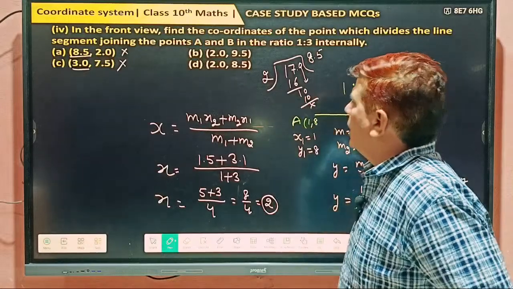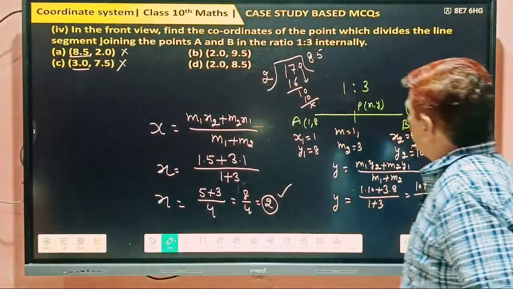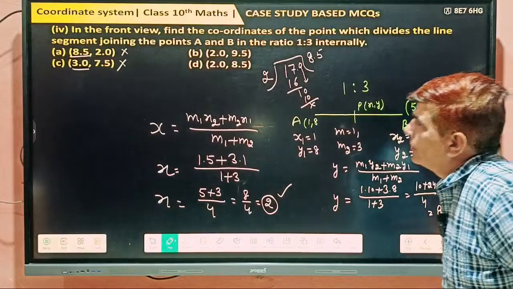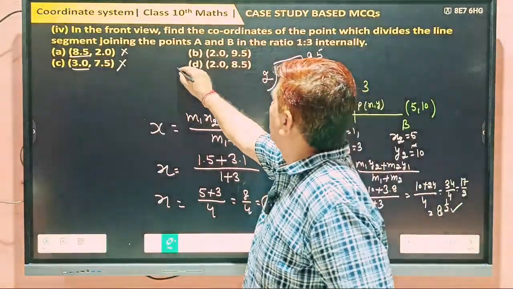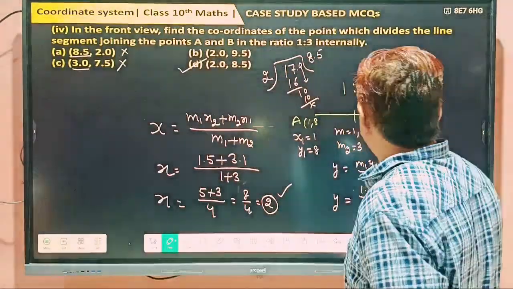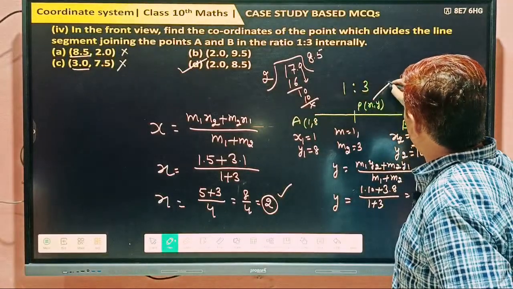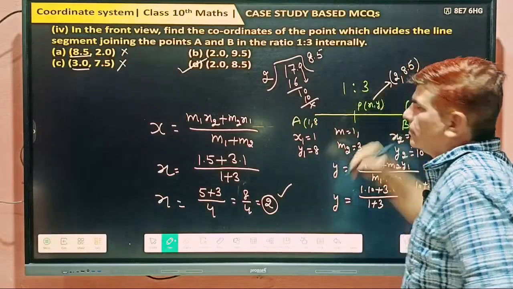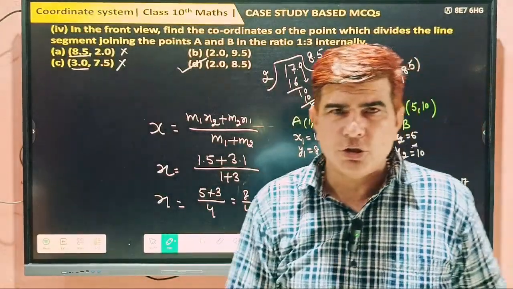So the x coordinate is 2 and the y coordinate is 8.5. So what's your answer? B is your answer. And the coordinates of this point are 2 and 8.5. Understood?